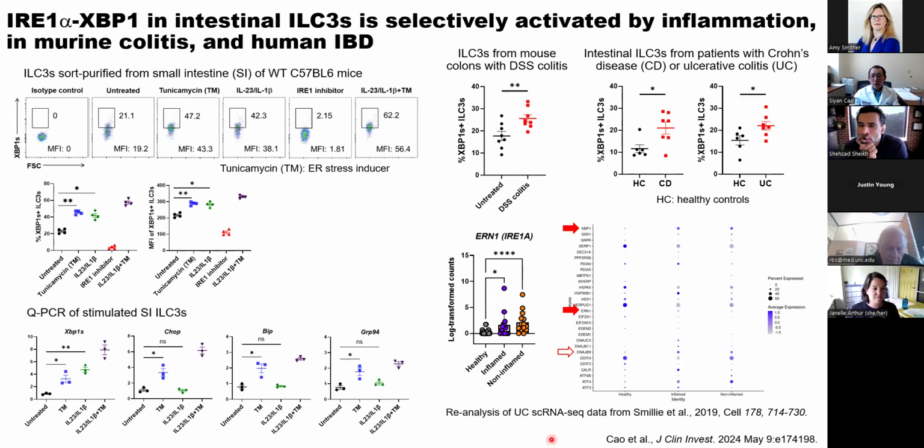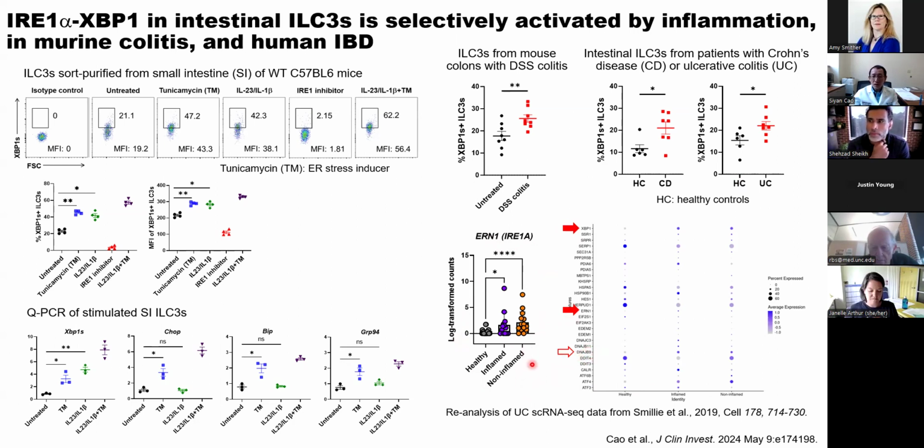We also reanalyzed this UC single cell database, which was published a couple of years ago. And here we look at the expression of IRE1 alpha, XBP1, and DNAJB9, which is a downstream target of XBP1.